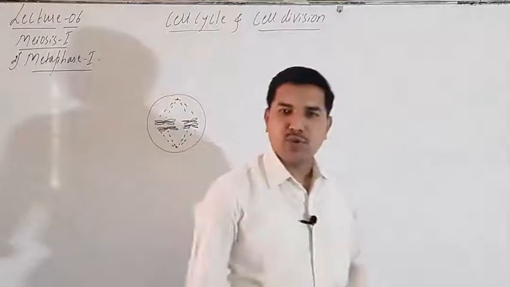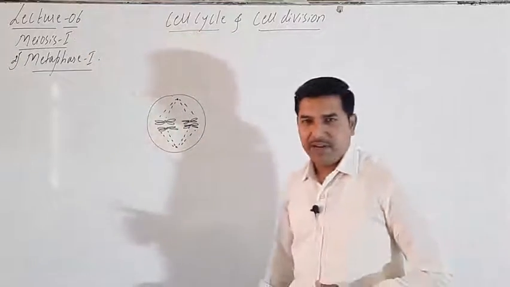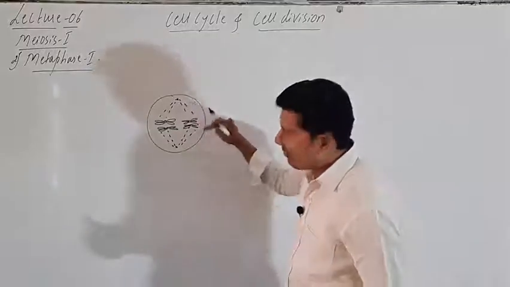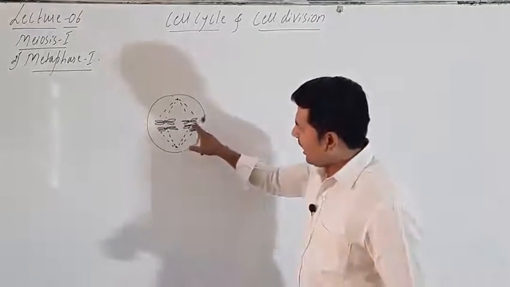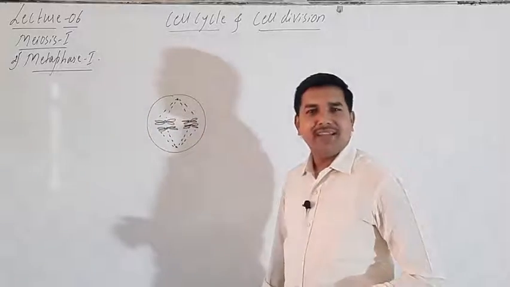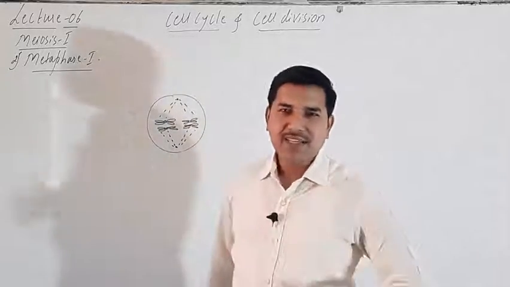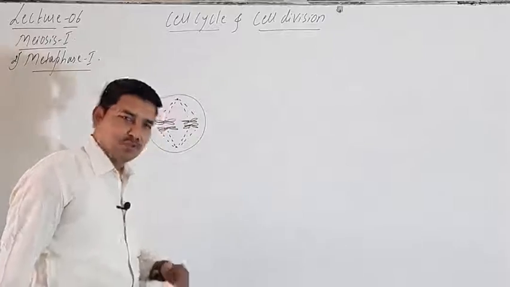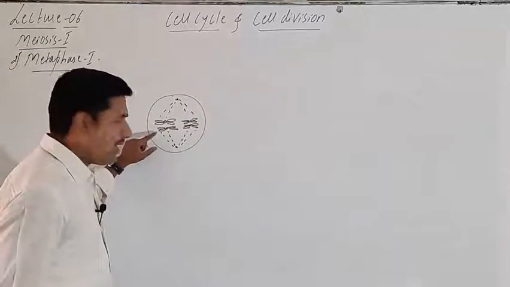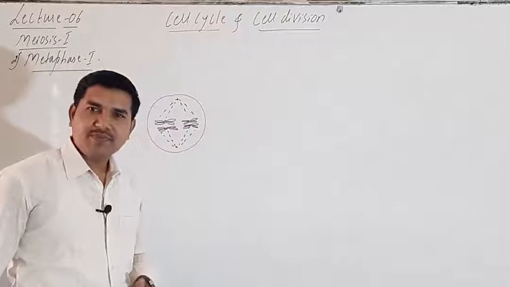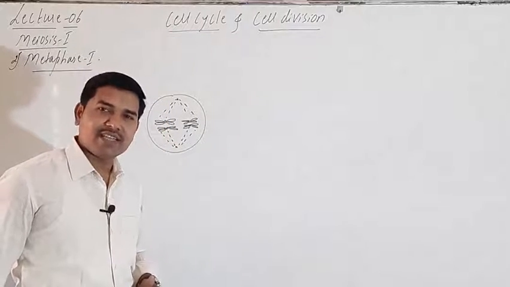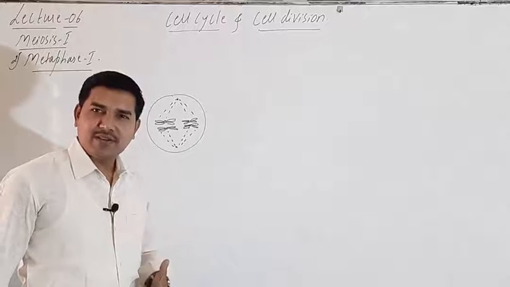All the chromosomes are arranged at the equatorial plane, forming 2 metaphase plates, because the homologous chromosomes are aligned at the center. We call them homologous chromosomes. They are in pairs. As many chromosomes as there are, they will be in pairs. Okay, they are arranged at the equatorial plane in this way, right?